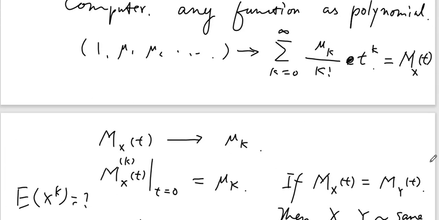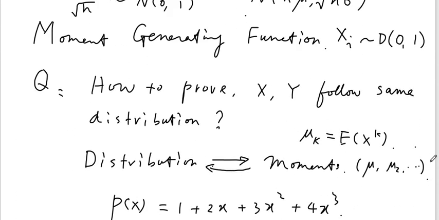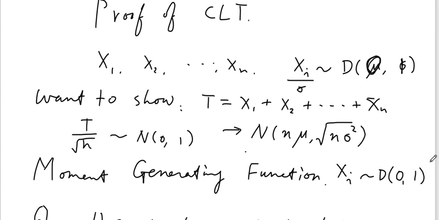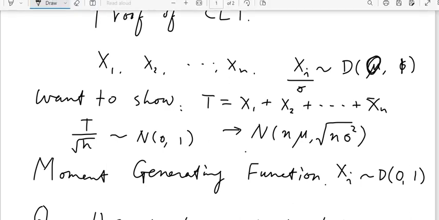So x1 plus x2 plus up to xn will follow such a normal distribution. This is essentially the central limit theorem. The central limit theorem is a connection, or bridge, between probability and statistics. So now we can move to the statistics part. Okay, we can stop here.